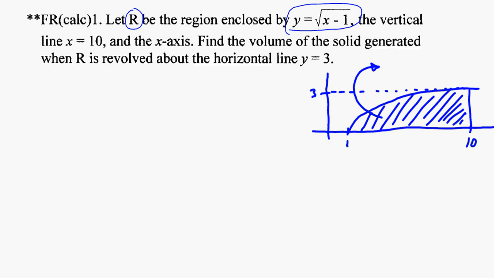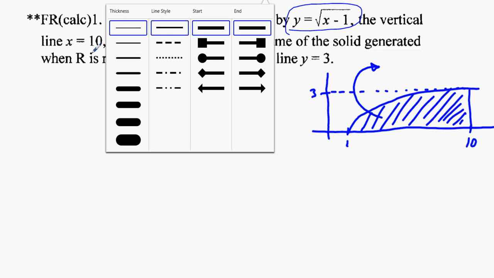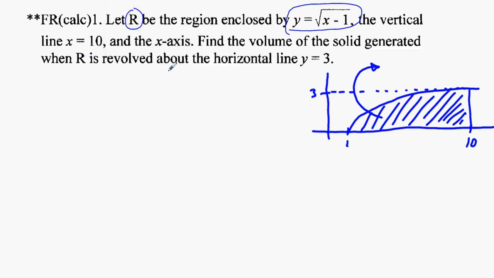So let's go ahead, and I'm going to get a skinnier line again. We have our big R. What's our big R? Well, it's going to be the difference between 3 and 0.